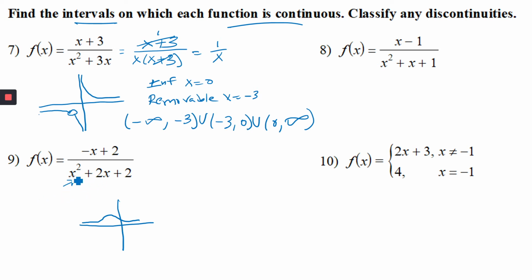So if you graph just the denominator here, that parabola, x squared plus 2x plus 2, you're going to find out it looks something like that. It does not cross the x-axis. There's no real zeros to it. So there's no place that's going to become bad for this rational function. And therefore, it's going to be continuous everywhere from -infinity to infinity.